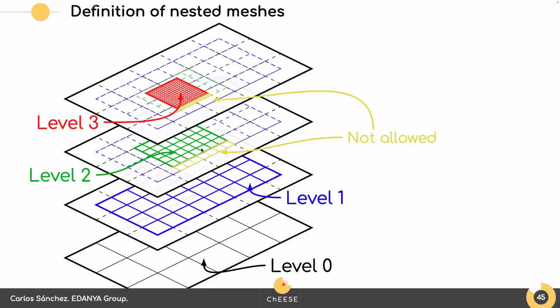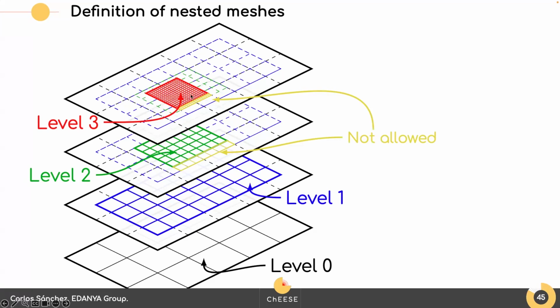It is also important to consider that there are certain restrictions on the boundaries of the grids. As you can see here, the edges of the grids at a certain level cannot coincide with the edges of the previous level.